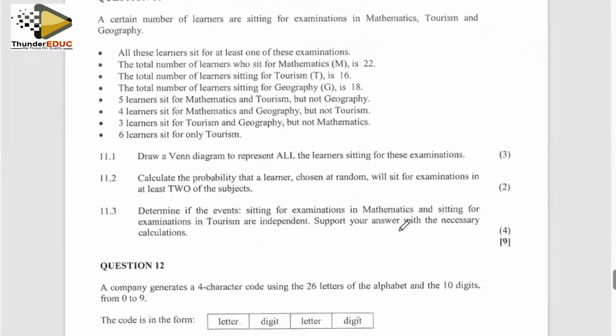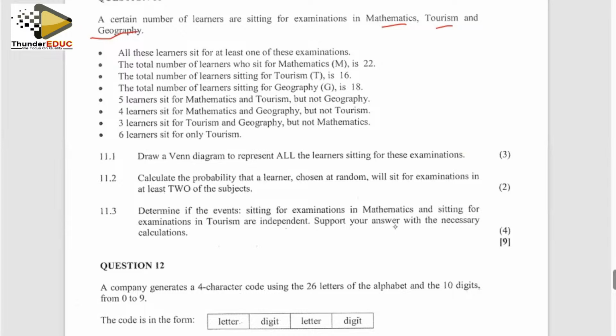All right, then question 11. Question 11 is telling us that a certain number of learners are sitting for exams in maths, tourism, as well as geography. All these learners sit for at least one of the exams. What this means is that with our Venn diagram, we don't have people that don't sit for anything.